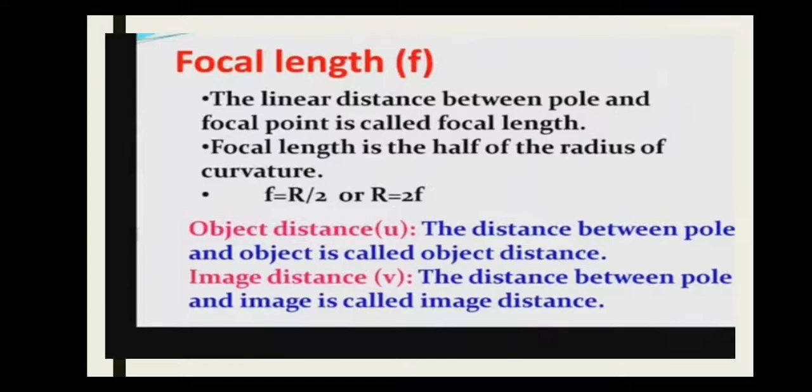Next, object distance. The distance between the pole and the object is called object distance. Image distance: the distance between the pole and the image is called image distance. Wherever you keep the object, you always measure the distance from the pole.